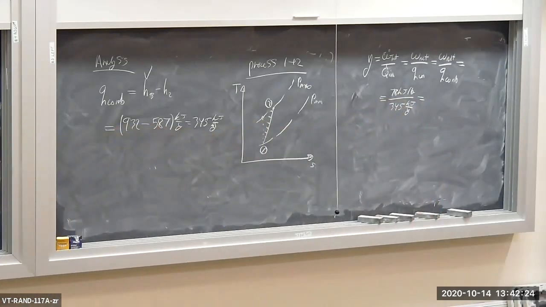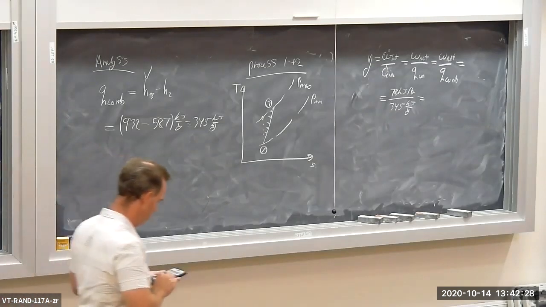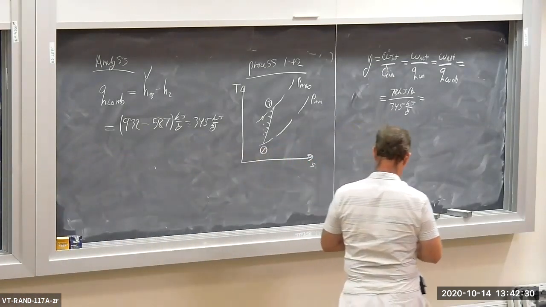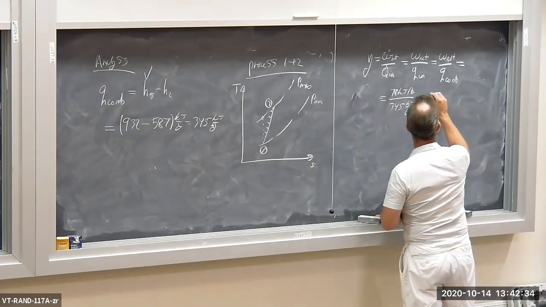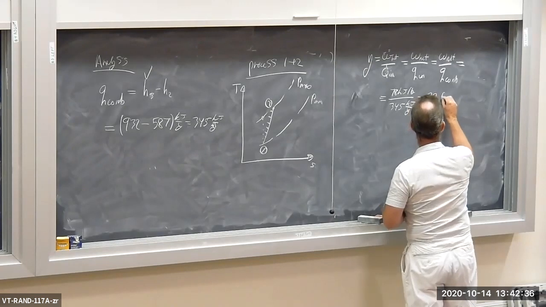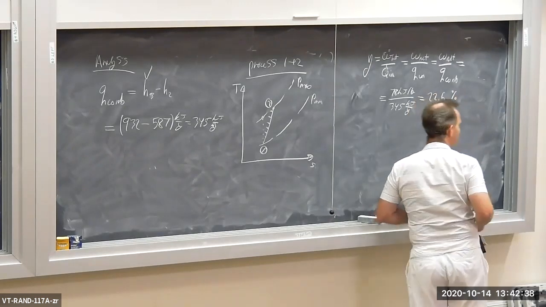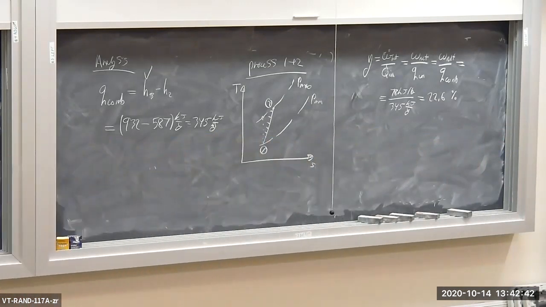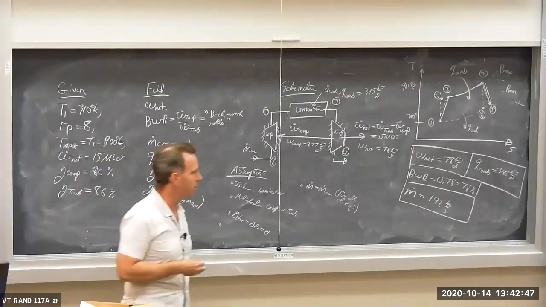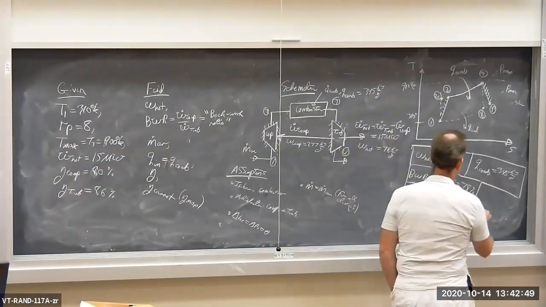Let's calculate that. And I get 22.6%. So the thermal efficiency of my Brayton cycle here is about 22%.